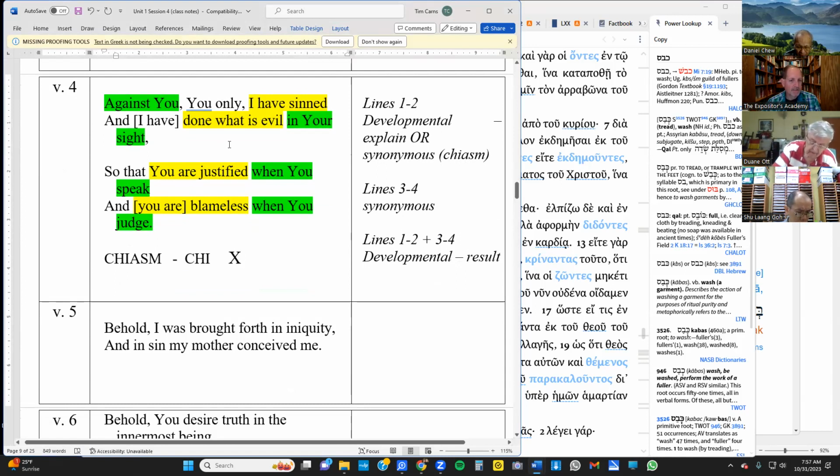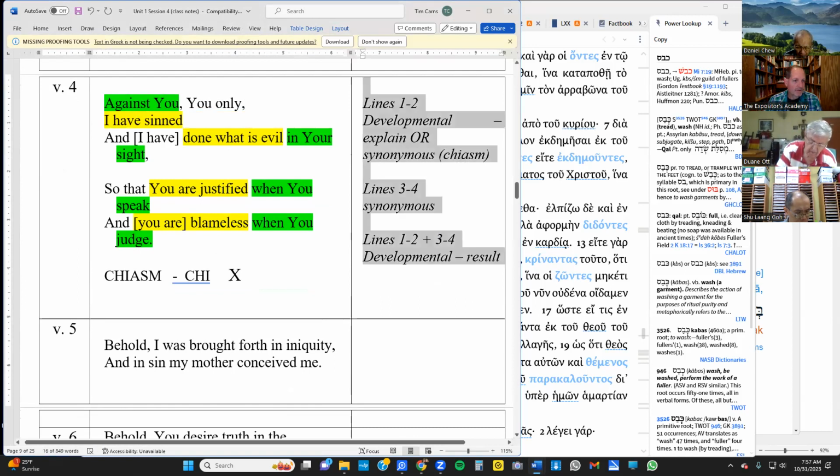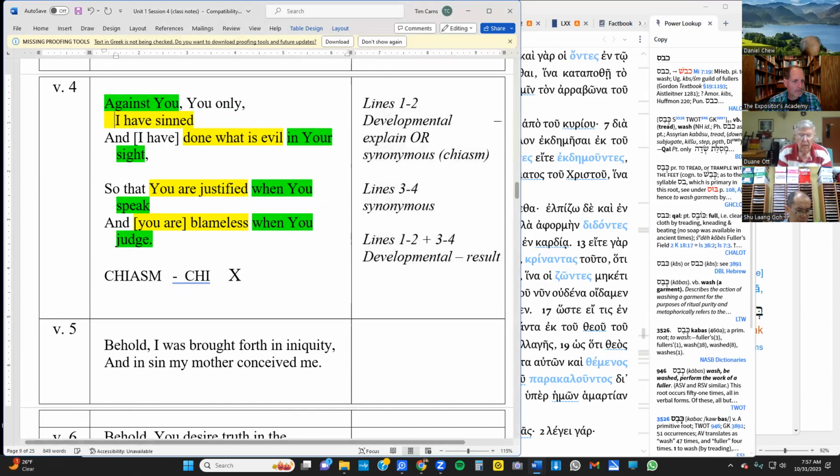It looks like an X, and that's sort of what we have in a chiasm with the words. So against you only, I have sinned. And I have done what is evil in your sight. It's kind of the idea.